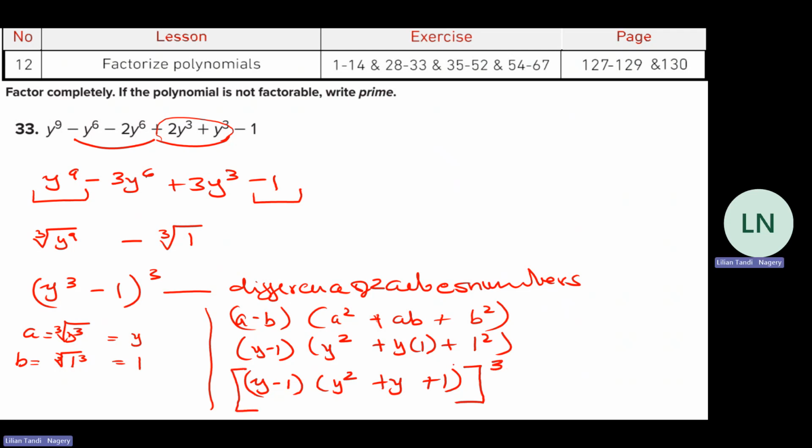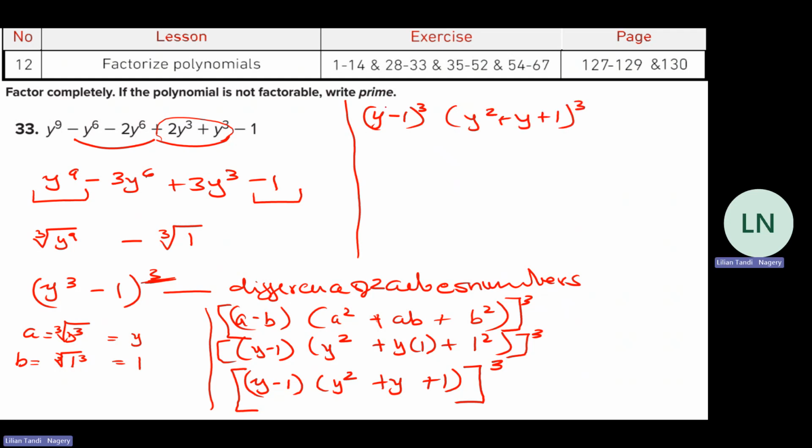You have to remember to cube it. To cube it because of this cube here. Okay, don't forget that. You have to cube it. So what does that lead to? y minus 1 cubed and y squared plus y plus 1 cubed.